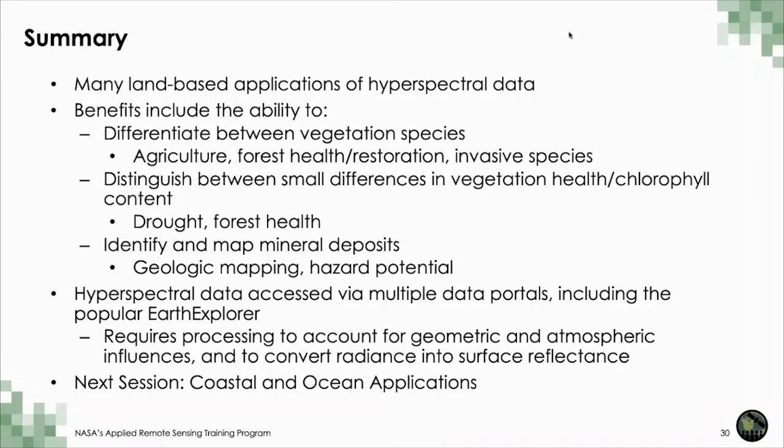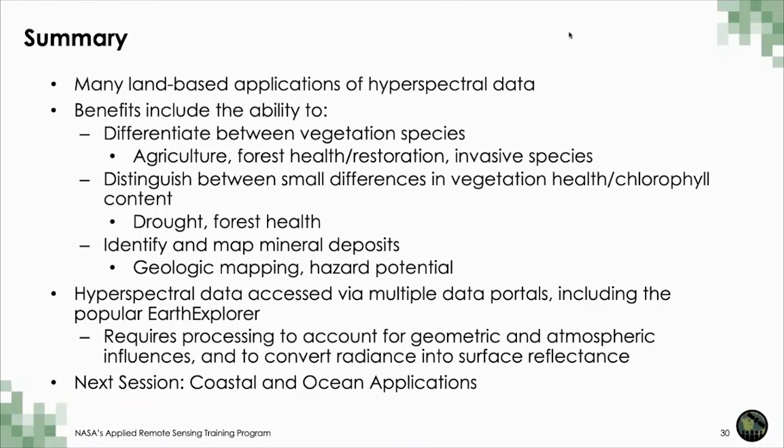And the ability to distinguish between small differences in vegetation health and chlorophyll content, which can be used for drought or forest health, and can help in the identification of mapping mineral deposits, which can be useful for identification of hazards, especially with things related to landslides.